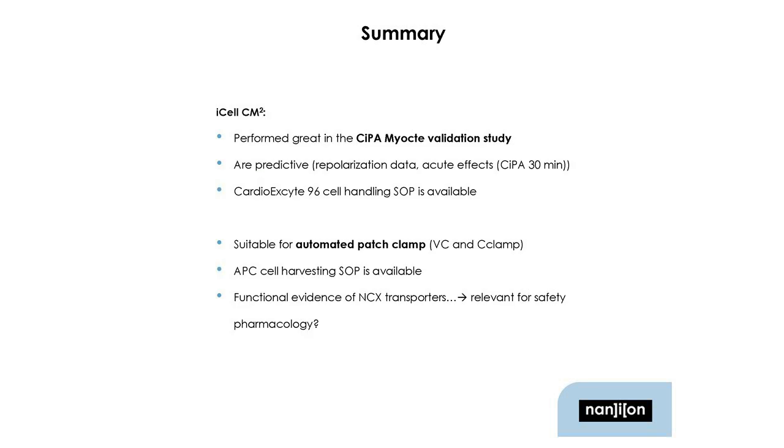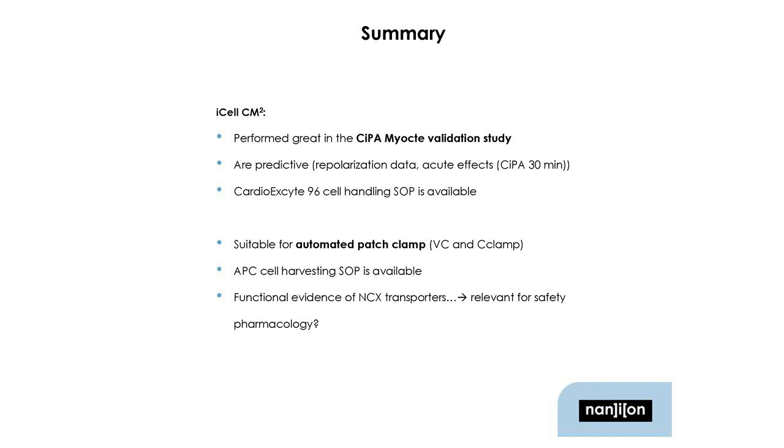So the summary is the iCell cardiomyocyte squared really performed great in the CiPA myocyte validation study. They are predictive. This is what we saw with all the CiPA compounds, looking at the repolarization data and the acute effects as suggested by the CiPA protocol.